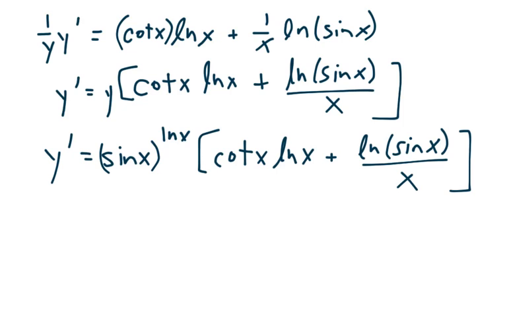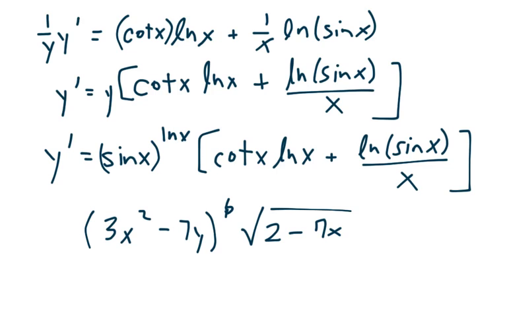Another type of problem you might want to think about logarithmic differentiation for would be problems that involve things like, maybe something like 3x squared minus 7 to the 6th power times the square root of 2 minus 7x over the quantity x squared plus x minus 7 to the 5th.